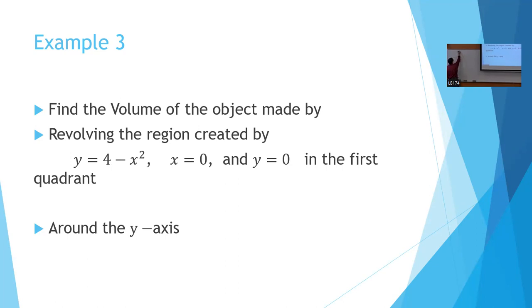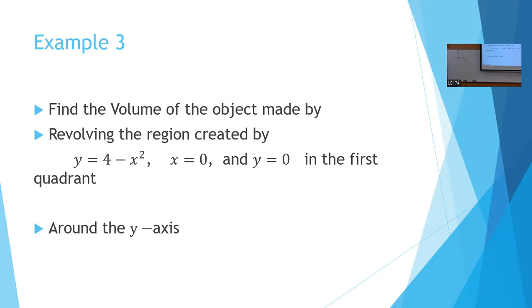The other outside edge is x equals 0. That's our y-axis. And the other outside edge is y equals 0. That's our x-axis. And we're going to rotate that around the y-axis this time.